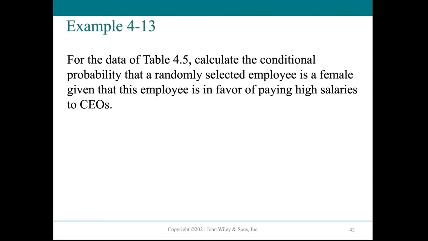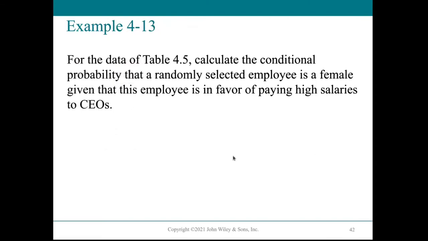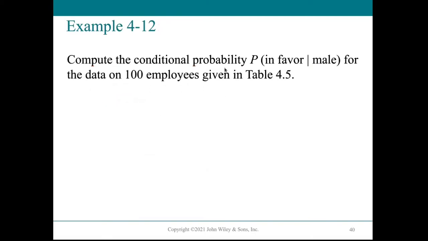Now, the order of events becomes different. Here the precondition, the condition that comes first, must be those in favor. Look, in the previous example, what's the probability of getting a respondent that is in favor among the male respondents?